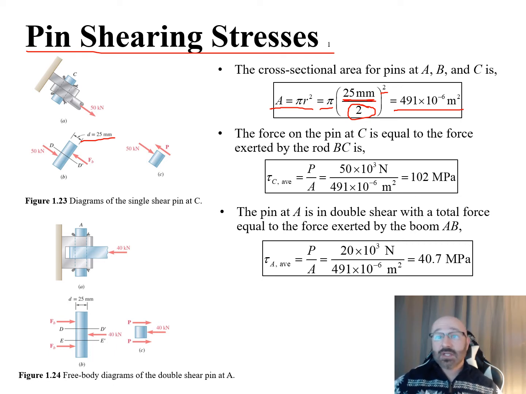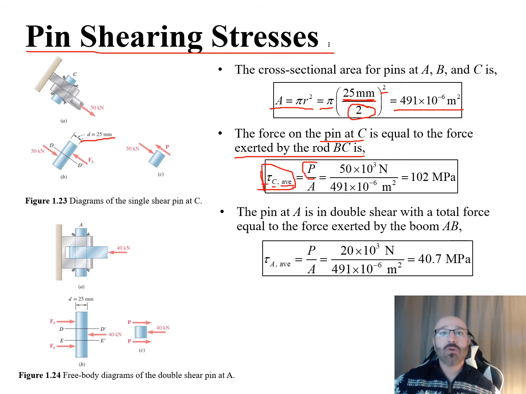Now let's take a look at these individually. If we're talking about point C here, the force on the pin at point C is equal to the force exerted by the rod BC. So therefore, our shear stress at the pin, again, make sure we pay attention to our indices here, tau for our shear stress, C for point C, this is tau average.